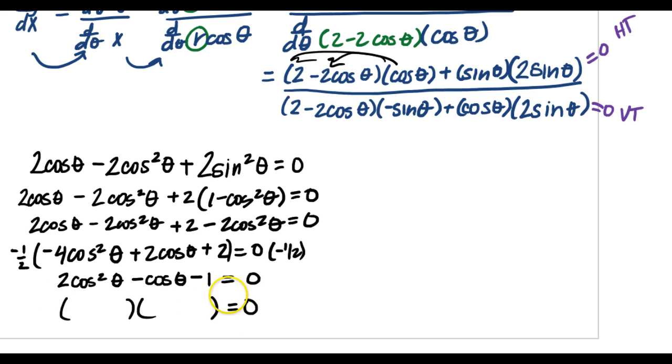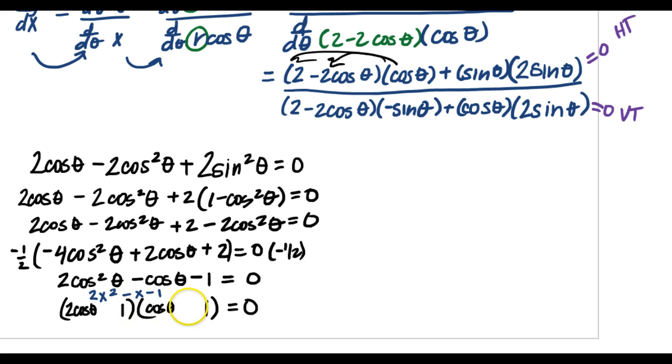And so now on the left, this factors. This is a pre-cal thing where this is in what's called quadratic form. So it factors to 2 cosine theta, and then we're going to have a cosine theta. So imagine this kind of replicates 2x squared minus x minus 1, but in replacement of x, we're going to put a cosine there. So now we're going to need our 1's to match up, and we're going to need to have a negative x, or really negative cosine, because that is what is in place of x right now.